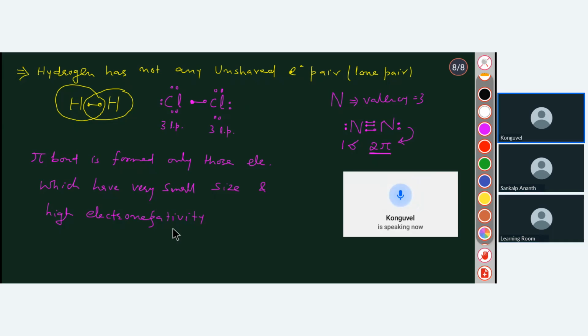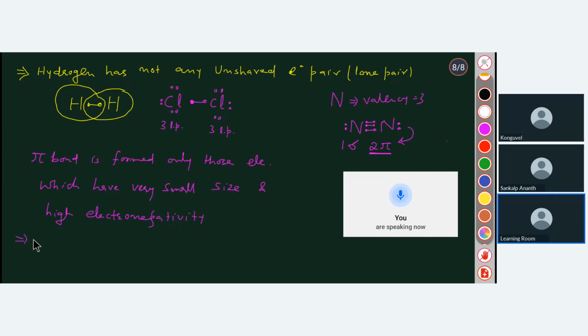So what we got? We got that hydrogen resembles the alkali metals, correct? Yes, sir. And not only that, it also resembles the halogens, correct? Yes, sir. And then it also differs from the alkali metals and it also differs from the halogens.